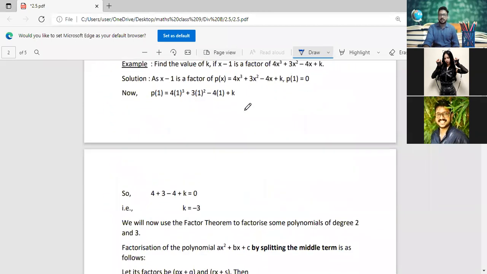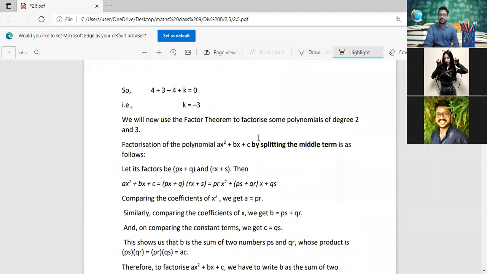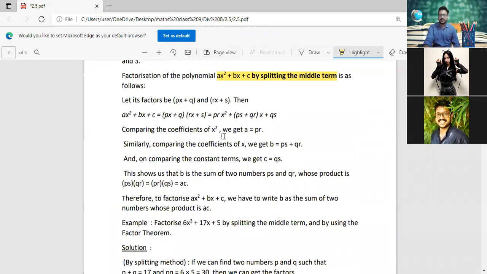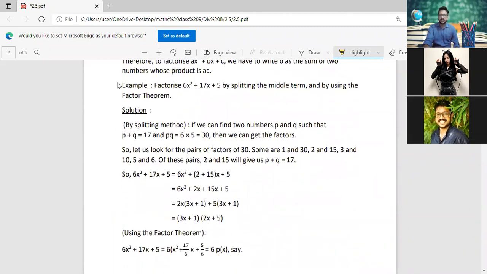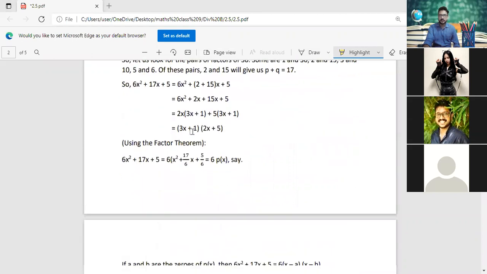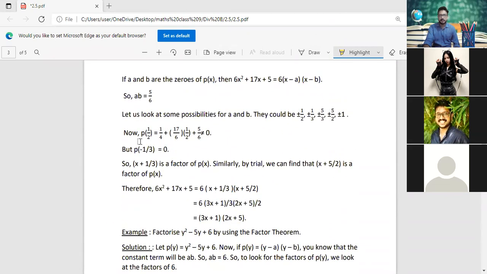And we have done some examples also, and then we have reached the splitting of the polynomial by splitting the middle term. We have seen the underlying concept behind splitting the middle term, and two examples were done.